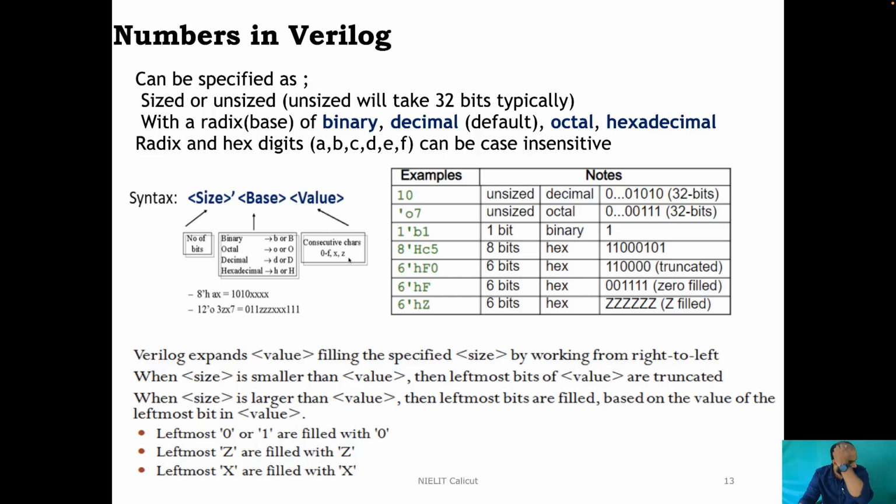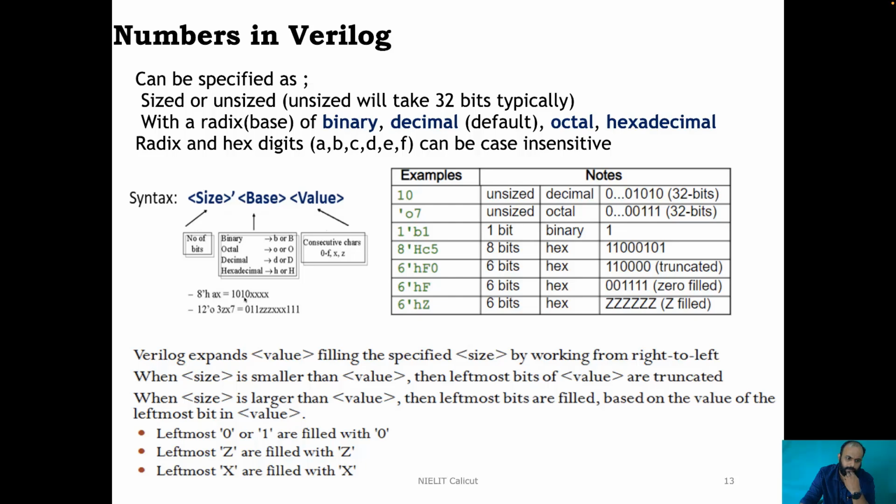If you are not certain about certain bits in a number, you can put an X there. For example, you see here it's written 8'hAX. It means it's an 8-bit number. It's a hexadecimal representation, and the first 4 bits are represented by A, which is 1010, and the last 4 bits would be X, because it's altogether an 8-bit number and one character in hexadecimal represents 4 bits.